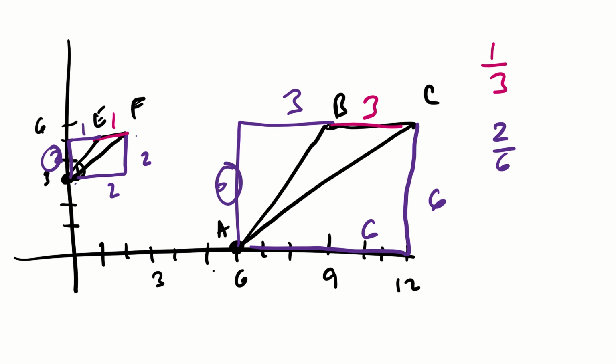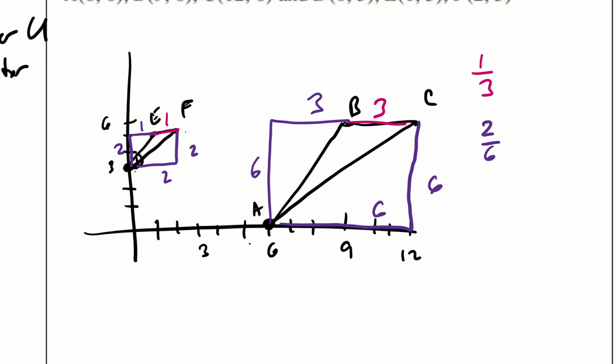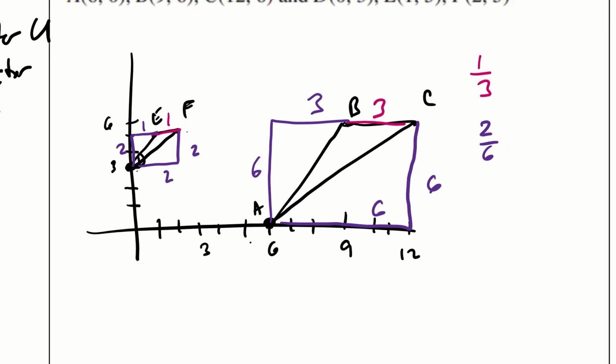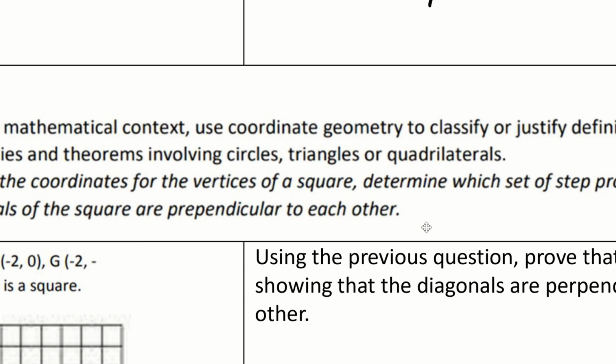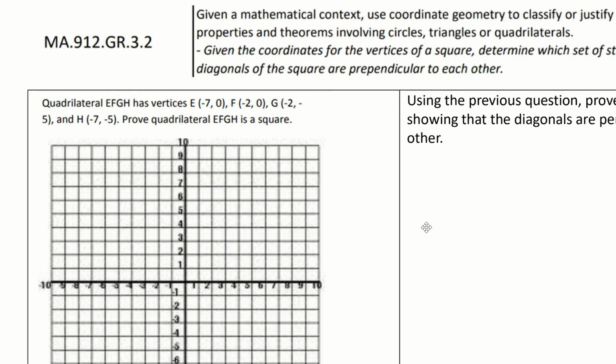This with this, again, scale factor 1/3. So the scale factor is 1/3 everywhere. So that means by SSS similarity, these two triangles are similar. The scale factor is the same everywhere, and you can do it that way pretty easily. All right, so GR 3.2.